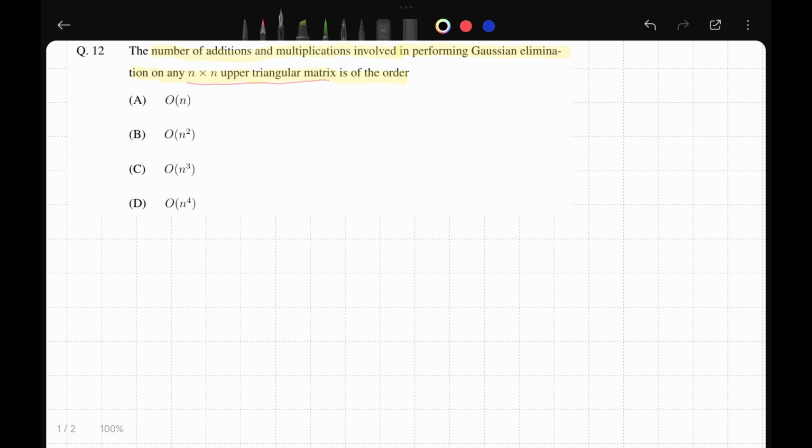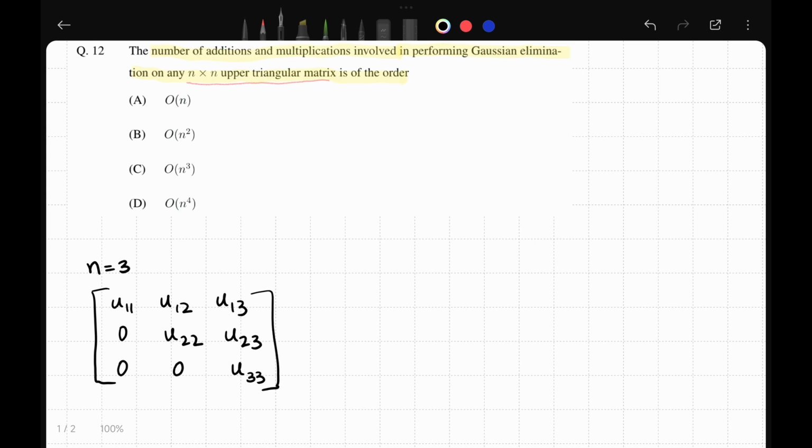So let's consider n equals 3, and let the upper triangular matrix be u11, u12, u13, 0, u22, u23, and then 0, 0, u33.